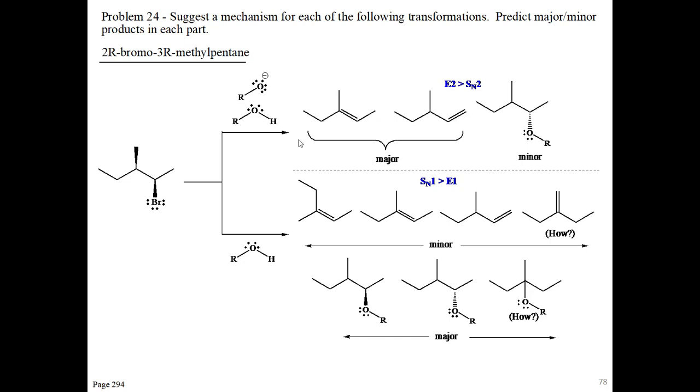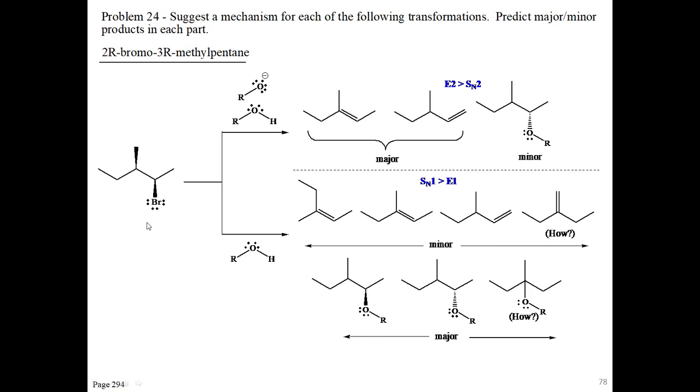This would be E. Now, if I lose this group here and make a carbocation, oh boy, there's a lot of possibilities now. I could make the same kinds of alkenes up here, but E and Z. I could get the top and bottom attack from the nucleophile and lose a proton. But also, if I move a hydride over to that site, I get a tertiary carbocation, and then I can start all over.